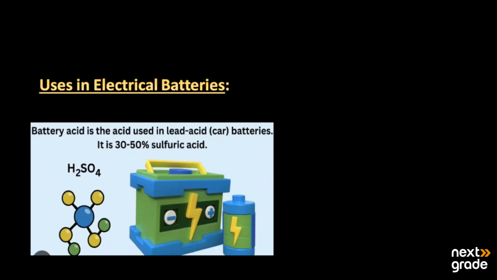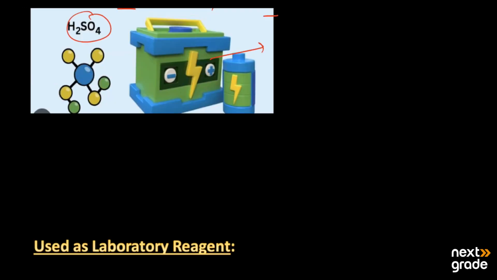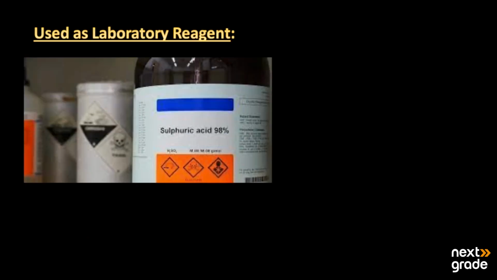Then it is used in electrical batteries. All the batteries that contain acid, called battery acid, such as lead-acid batteries, have an acid that is almost 30 to 50% sulfuric acid, which is H2SO4. So these acidic batteries contain 30 to 50% of it. Then it is used as a laboratory reagent.